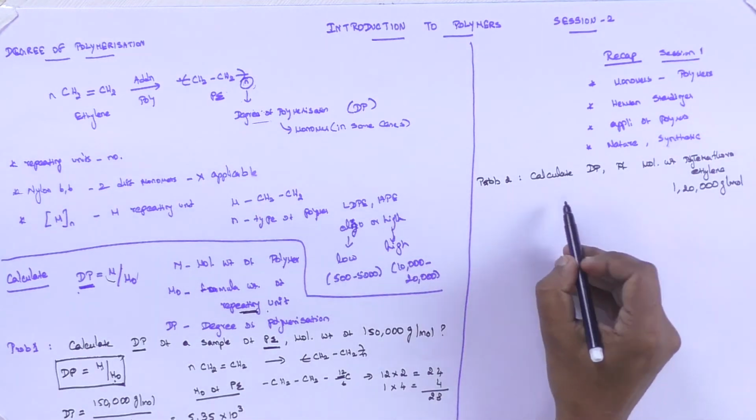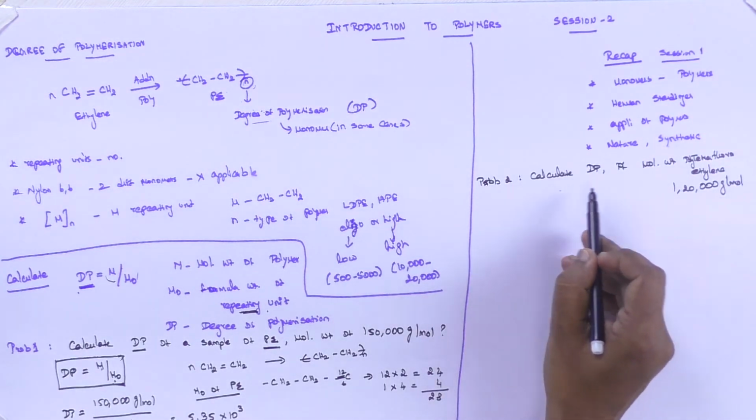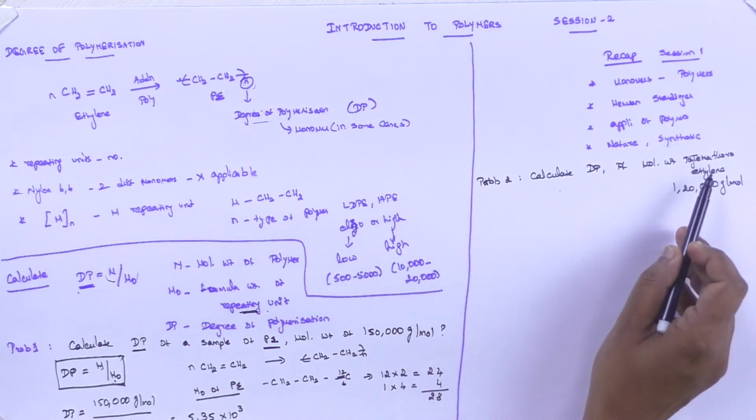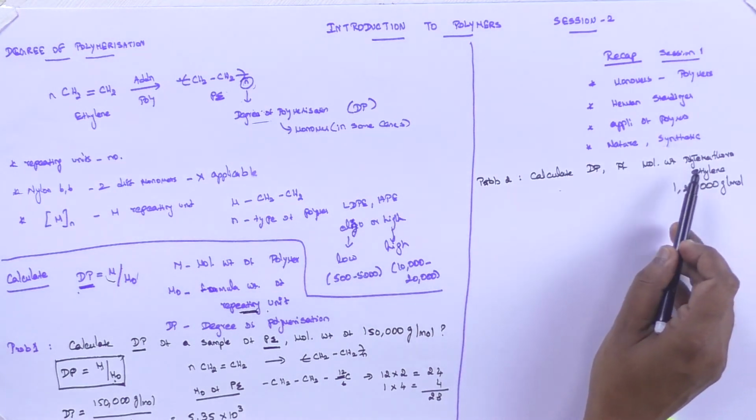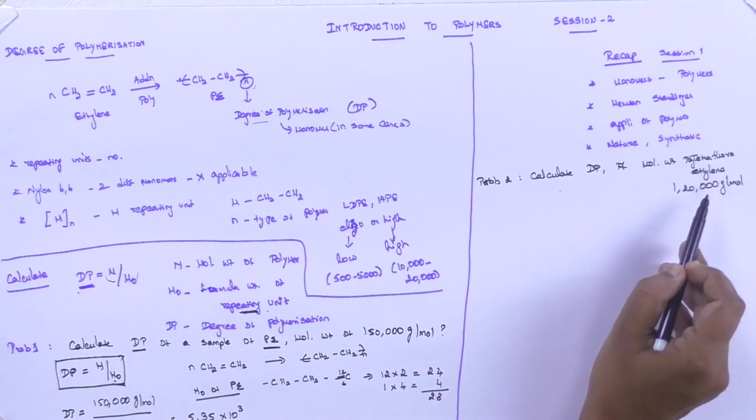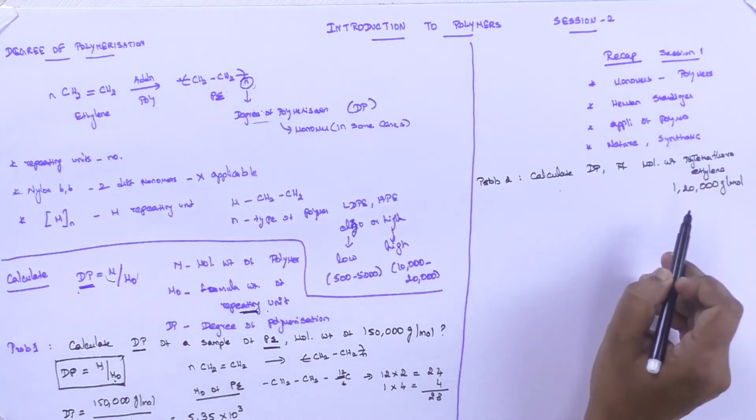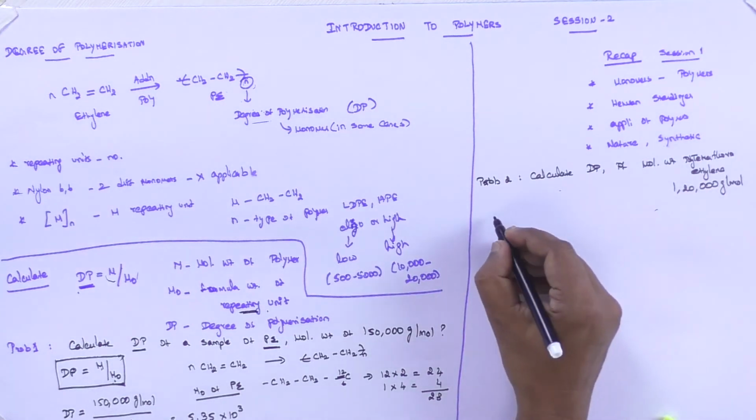Can you please find out the answer for this? You have to write the polymerization reaction for polytetrafluoroethylene and then calculate, see what is the repeating unit.